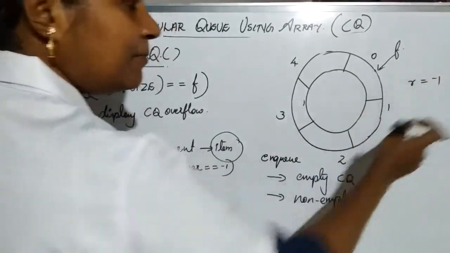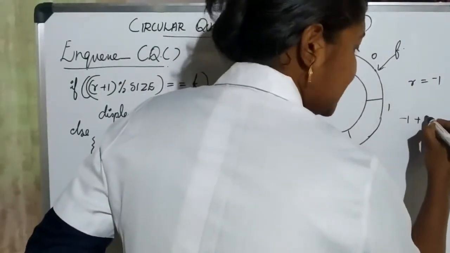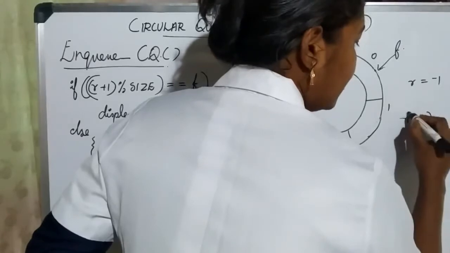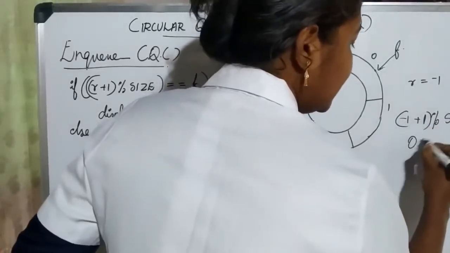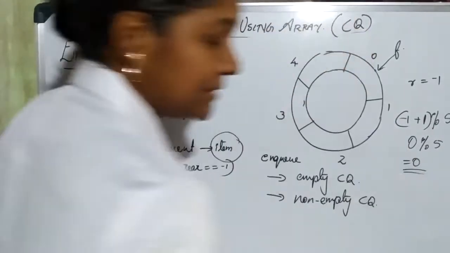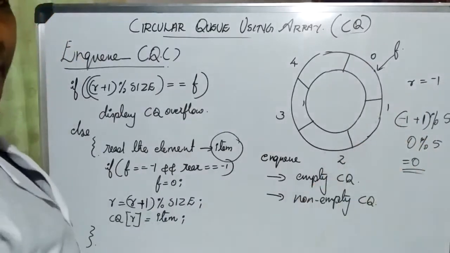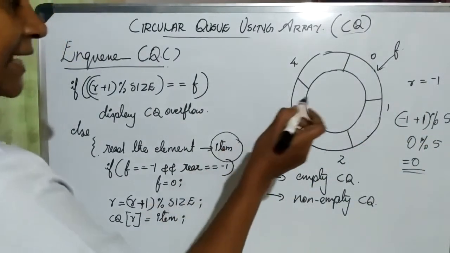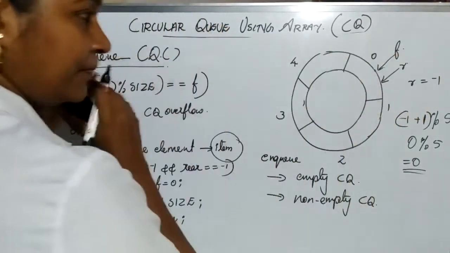So what is (rear plus 1) mod size? (-1 plus 1) mod 5, that is 0 mod 5, which is equal to 0. It's clear, right? So we get the value for R also as 0.